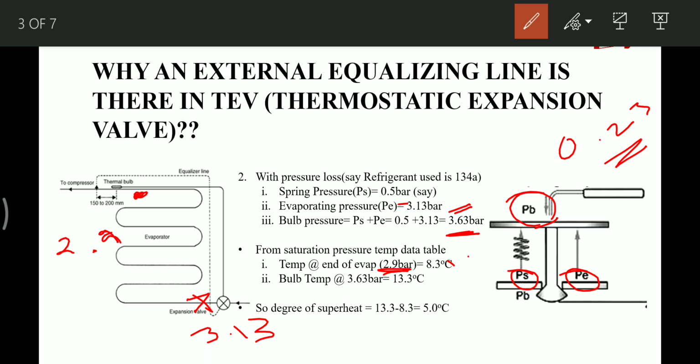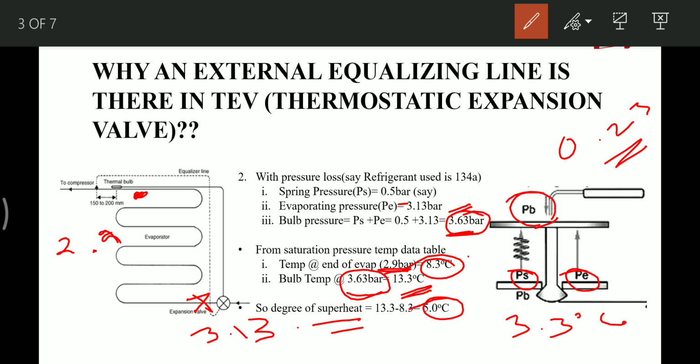So the corresponding temperature will be 8.3 degrees Celsius. And again the bulb temperature at 3.63 bar will be again 13.3 degrees Celsius. So the degree of superheat will be 5 degrees Celsius, which has increased from 3.3 degrees Celsius to 5 degrees Celsius.